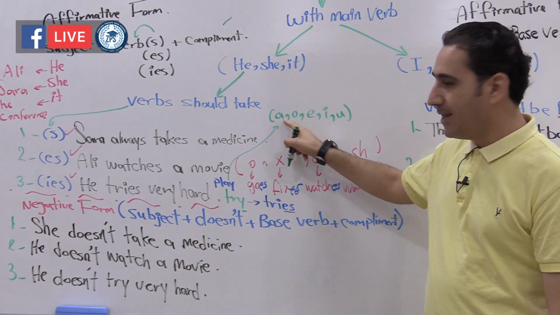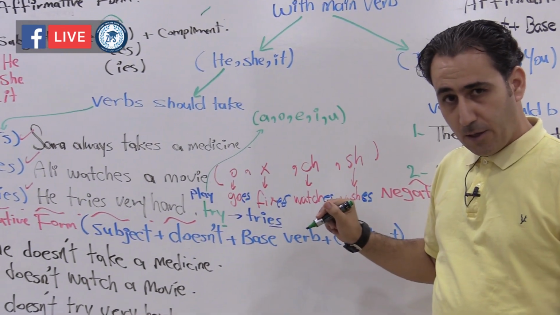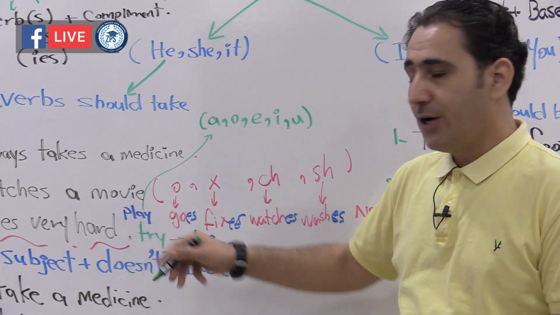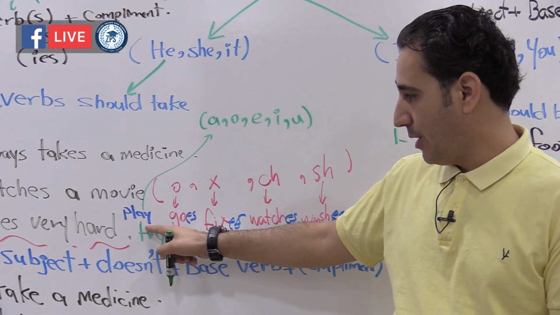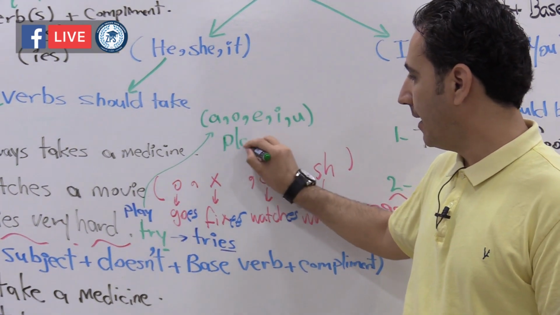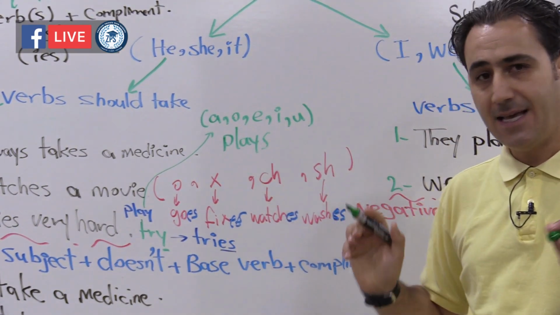So if you find these vowels before Y, like play, we are not going to change Y into IES. We should just put S. That's it.